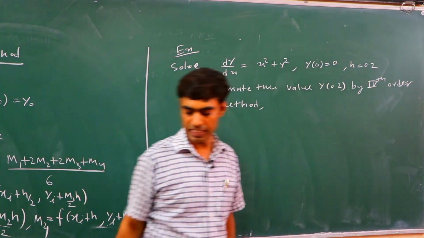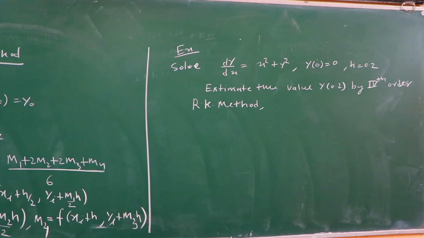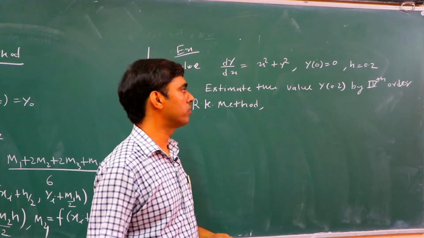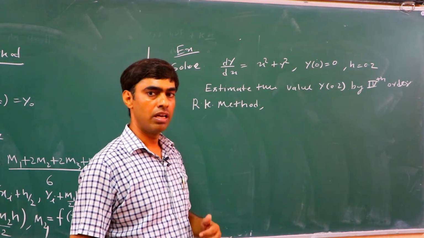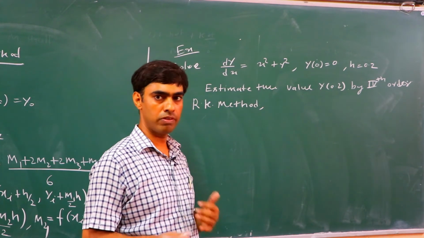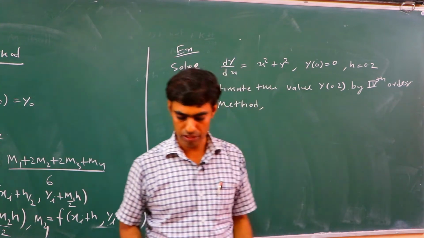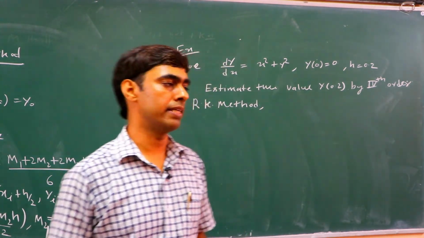For the sake of simplicity, here we choose h equals 0.2. You may choose h equals 0.1 and 0.05 like this, as the value of h is smaller, the accuracy increases.